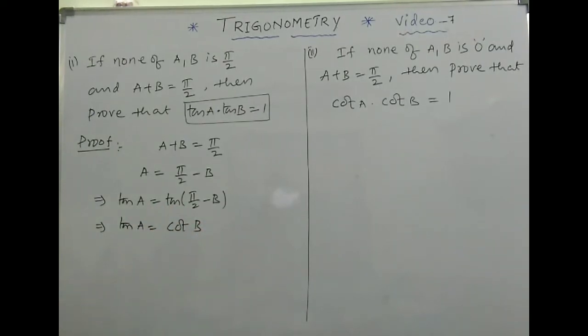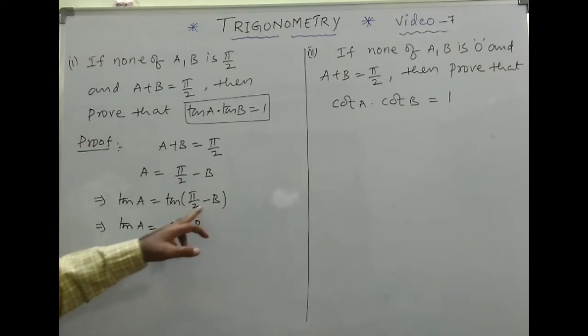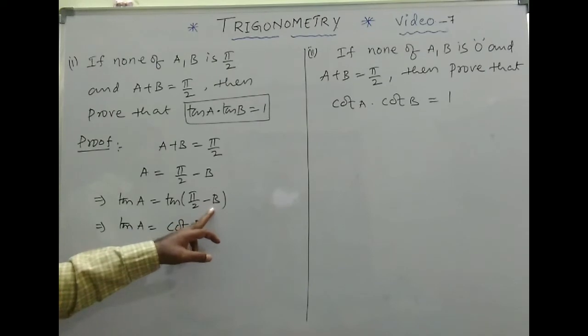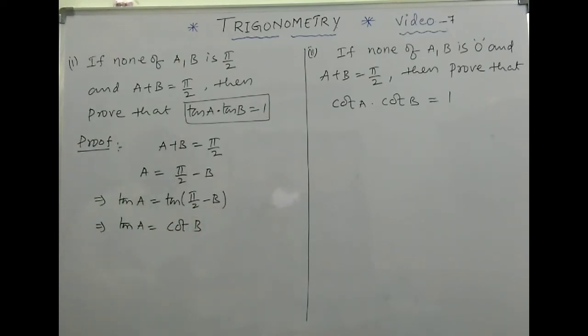And question number 2, whether it is positive or negative. So this is like 90 minus theta. Which quadrant? Can you guess? First quadrant, all are positive.